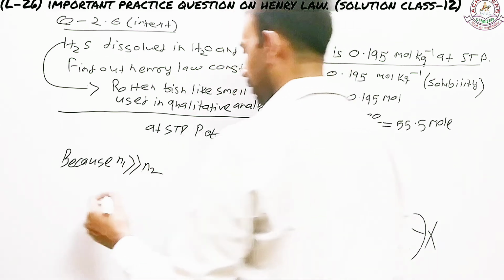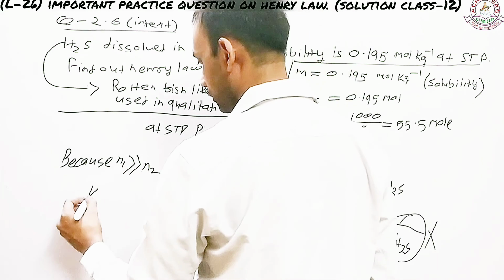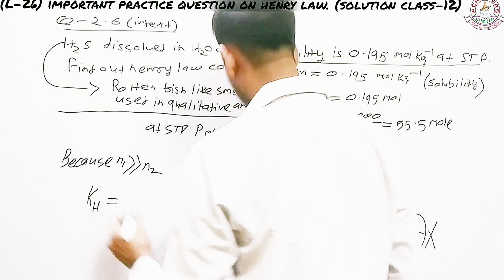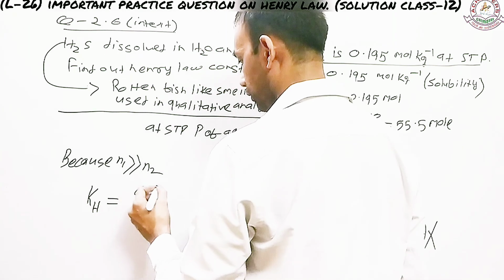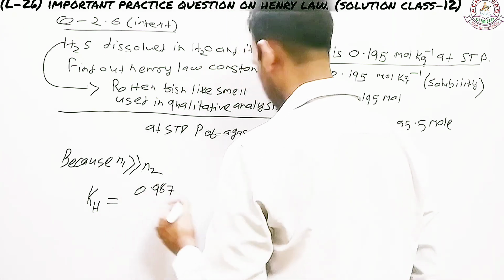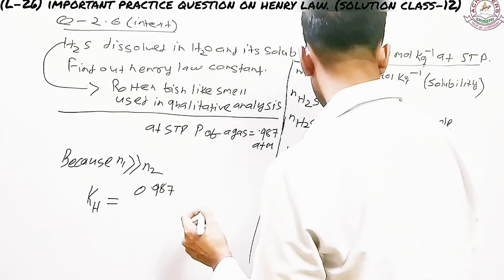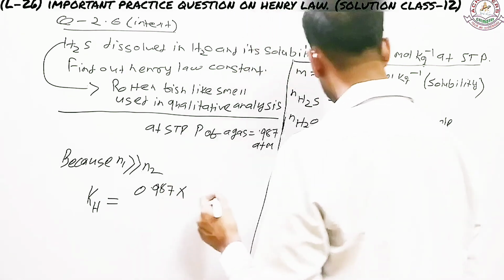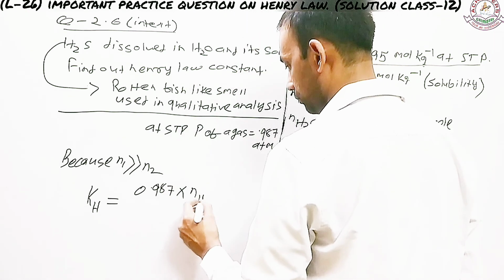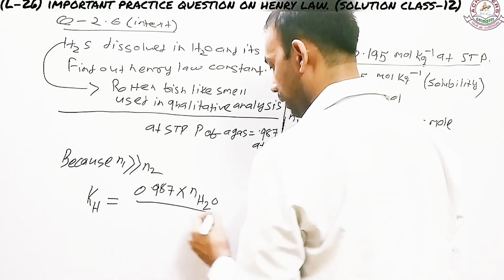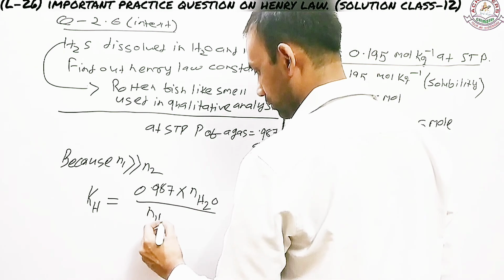So the equation is going to be KH equal to 0.987 multiplied by nH2O divided by nH2S.